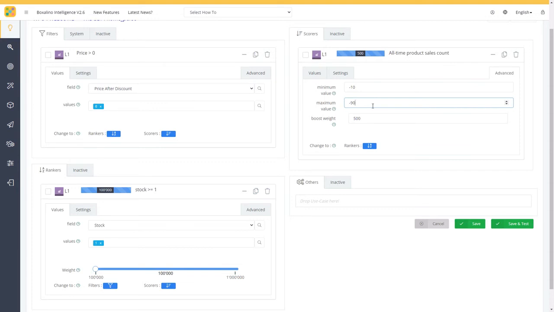Now, why do we do that? Why don't we just take the maximum and the minimum value overall? That's because of the distribution. You might have a few products, maybe 10 or 20, that are sold a lot, and then everything else is, in proportion, sold very little.